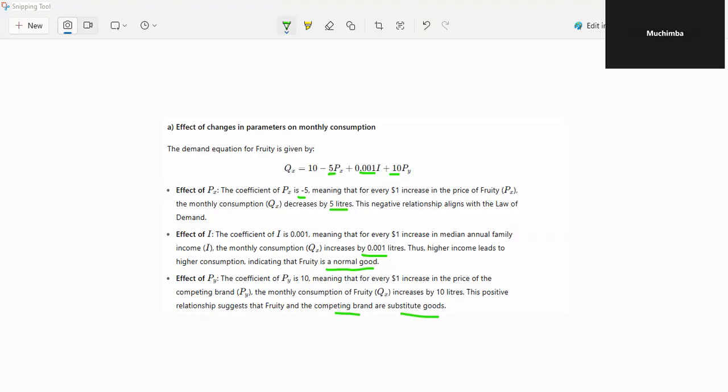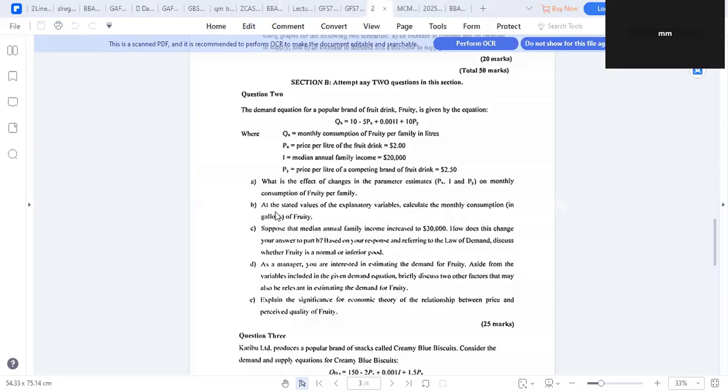All right. So the second part of the question is, at the stated values, calculate the monthly consumption in gallons for fruit. So here now, this is where what we're doing at first applies. We need to calculate the value of Q. We just need to substitute the stated values that have been given.